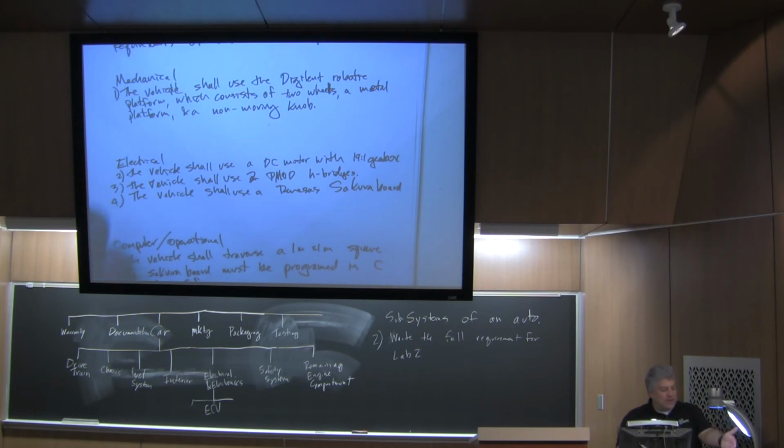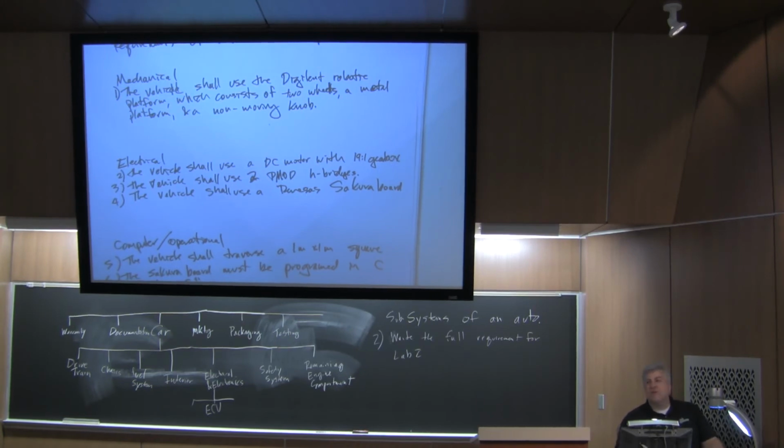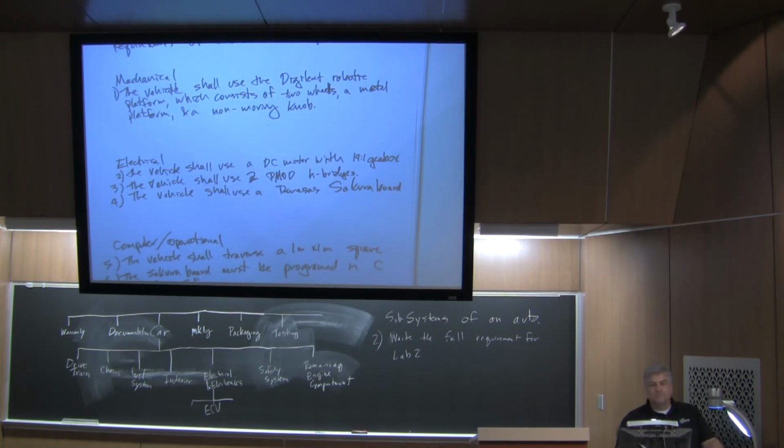And you're going to have to identify the mechanical, the electrical, computer operational, battery, whatever categories you identify, the subcategories. And it's very likely that I'll have you do something like, I don't know, 15 requirements for a particular system. Hint, hint.